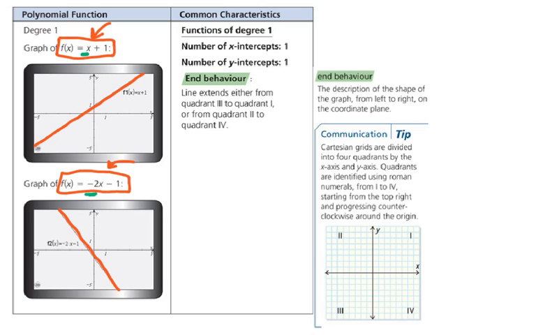In the second one, the leading coefficient is negative 2. Specifically, it's a negative. The negative is what causes it to move down from left to right.